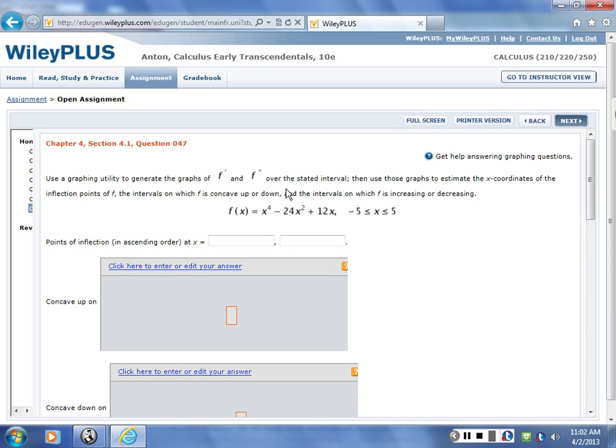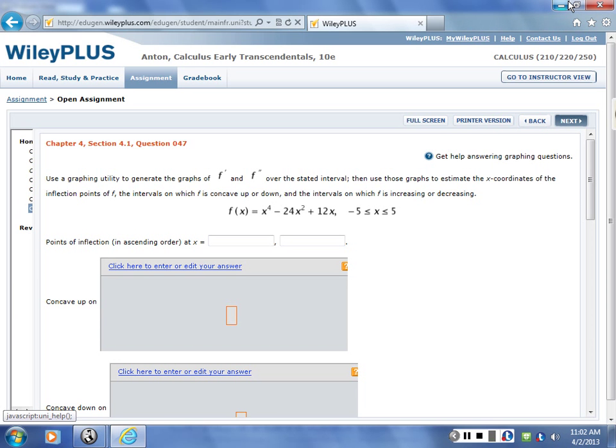I have 4x cubed minus 24x squared plus 12x. This is 4.1 number 74 on 4.1. This is my function. I wrote it wrong again.